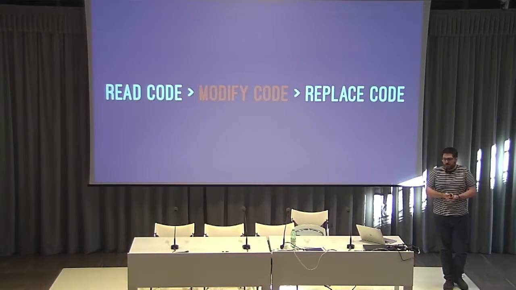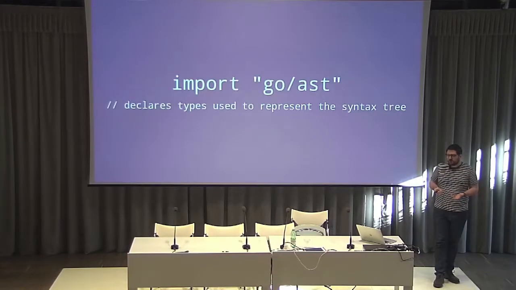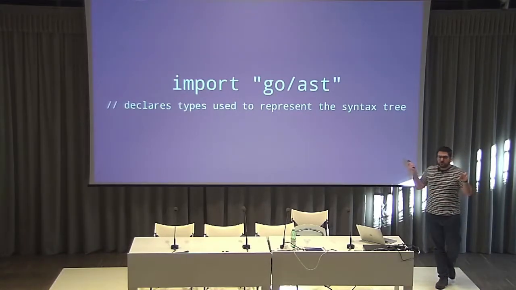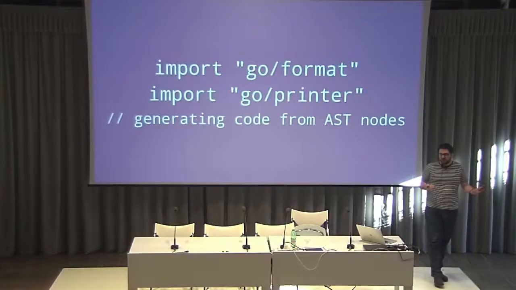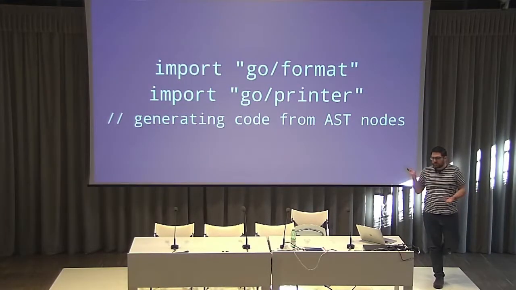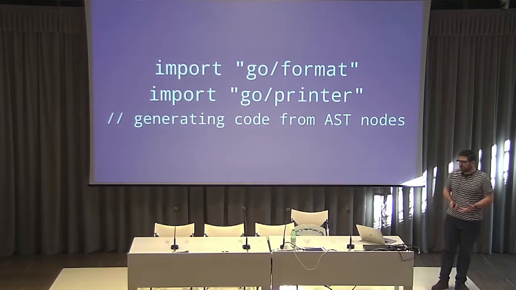Then I'm going to modify the code, so Go has the abstract syntax package, which, when we are reading the code, is what is going to be generated: an abstract syntax tree that you can go in and modify. And once you modify it, you need to replace it, and you have the Go format and Go printer, which allow you to take an abstract syntax tree and generate the actual Go code.